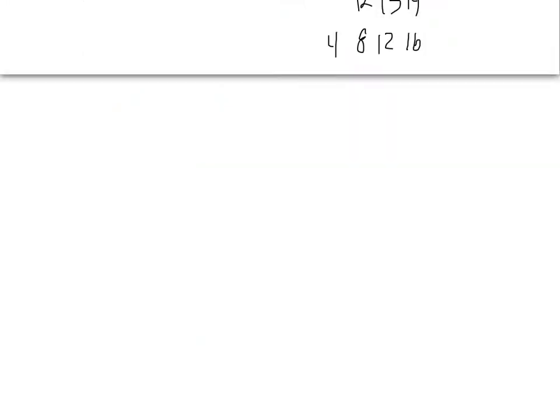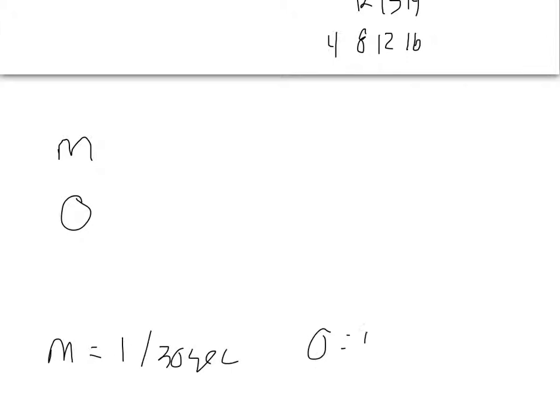Okay, so now I'm going to run through the problem with the 30 seconds. So the media printer and the office printer. The media printer is 1 per 30 seconds. The office printer is 4 per 30 seconds.